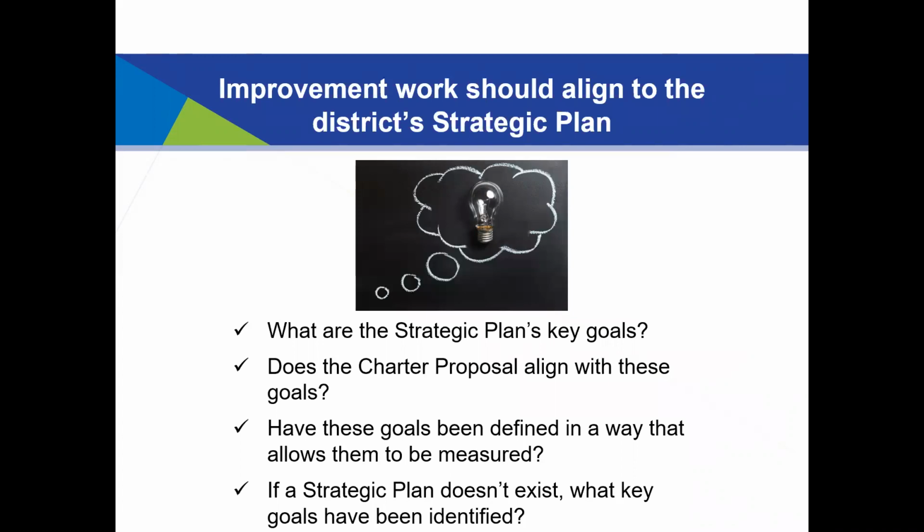What are those key goals that have been defined that maybe exist outside of having a strategic plan? So one key consideration is this notion of alignment. And what do you want to align to? You want to align to a district strategic plan to the extent that it exists. And you want to be able to demonstrate that you have measures that will help you monitor the progress of kids in meeting those types of strategic objectives.